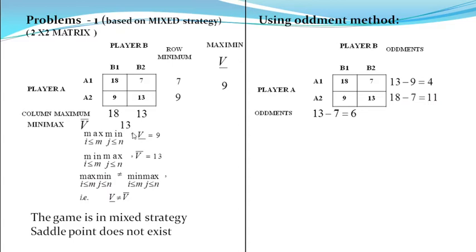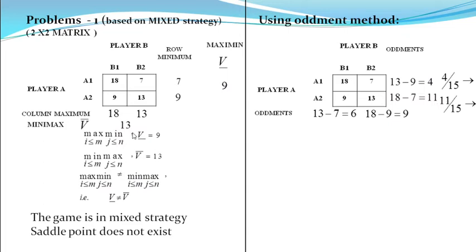So 13 minus 7 gives 6, and finally 18 minus 9 equals 9. After finding all these, you need to represent the value of P1, that is the oddment divided by the sum of these two oddments. So 4 plus 11 gives 15. We keep this as P1.